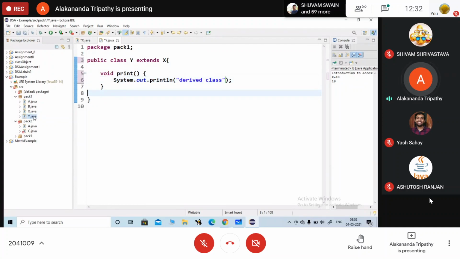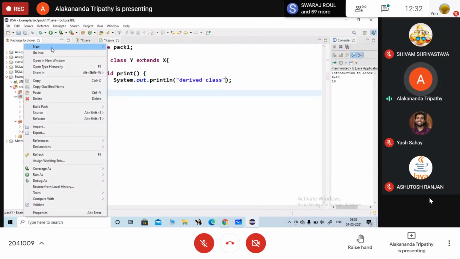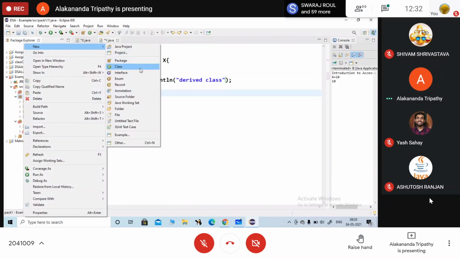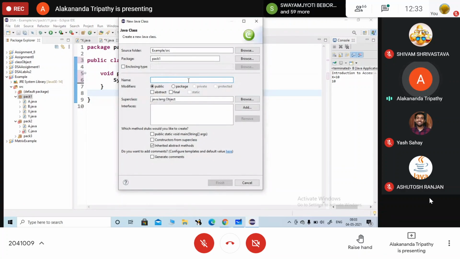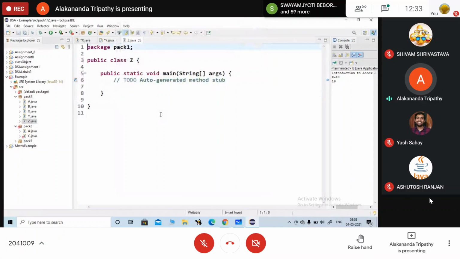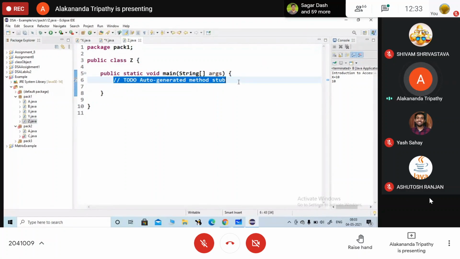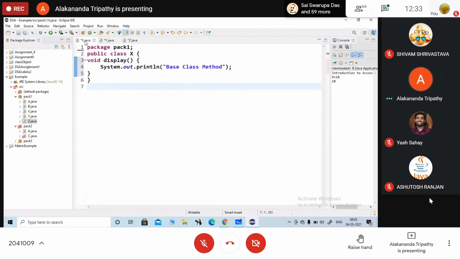Okay, now let me take another class in order to create the objects. Object create करने के लिए मैं और एक class ले रही हूँ Z. Okay, in the main function here what I am going to write. अब object किसका बनेगा? एक कौन सा class है?